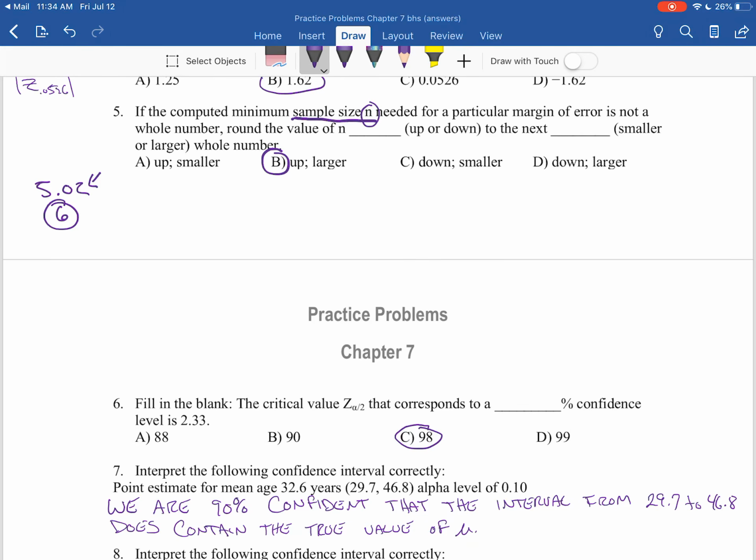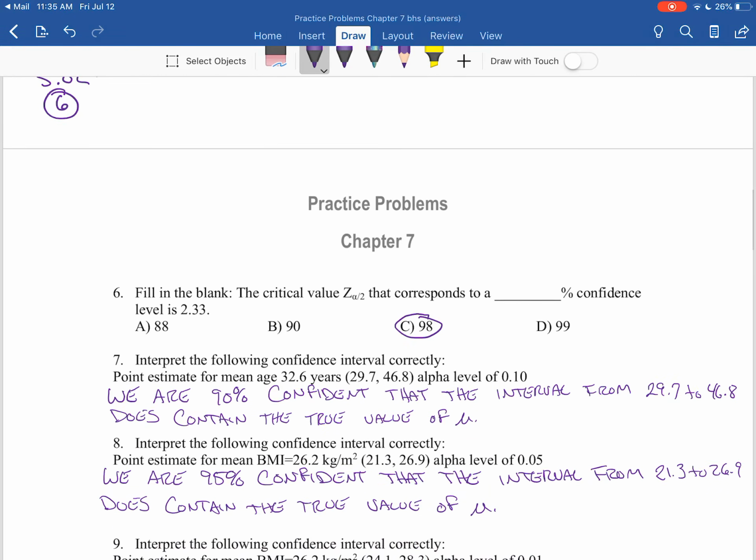So if we went at 2.33, we'd find that would be like 0.99 in the probability, but then we take our alpha and divide it by 2, and then we're going to get to 98. Number 7, 8, and 9, as you can see, there's already some writing here.